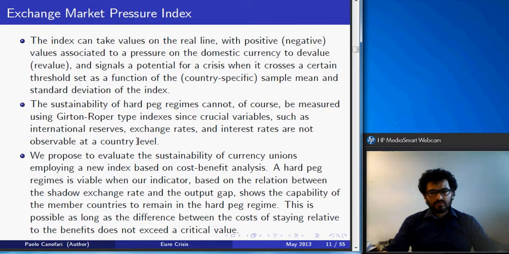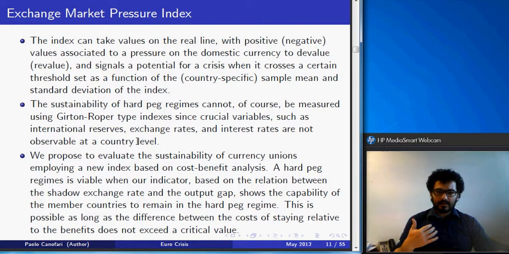So we propose a new measure of exchange market pressure, or an index, in order to assess the sustainability of monetary union, and this is based on the topic of the shadow exchange rate and the relation between this shadow exchange rate and the output gap required to stay in a monetary union.